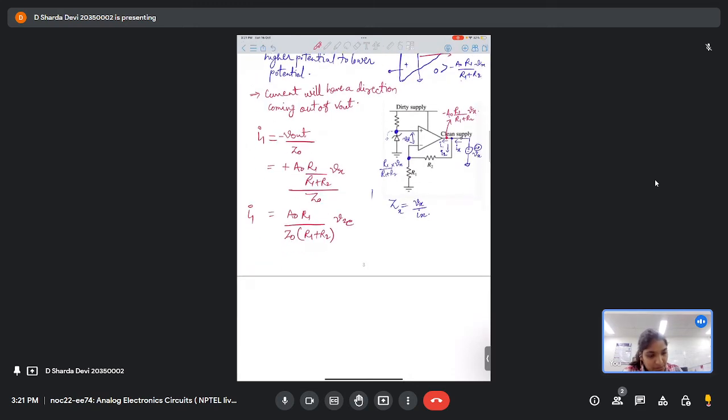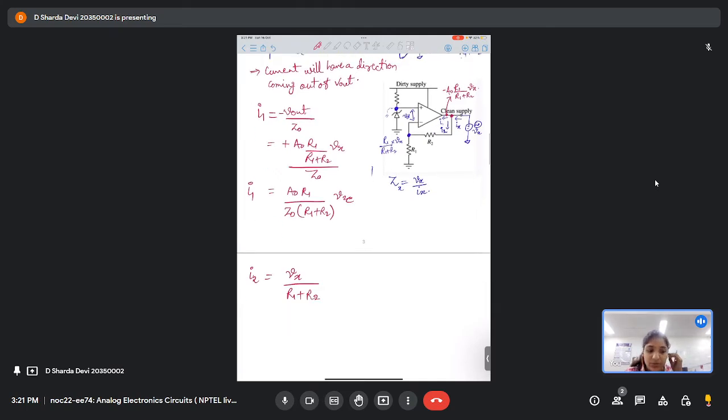Now what about the second component of current? The current is Vx, the nodal voltage Vx, by R1 plus R2. We know the total current coming out of the test voltage source is Ix, which is the sum of I1 and I2.